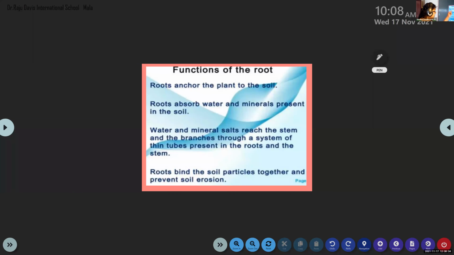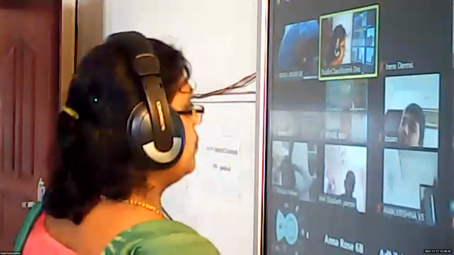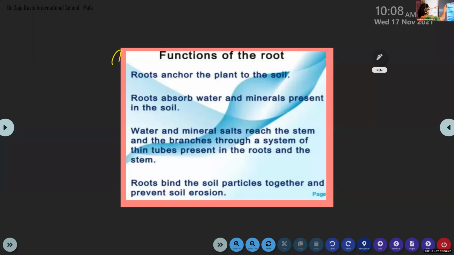So these are the main functions of the roots. The first function of the roots is that roots anchor the plant to the soil. Anchoring the plant means making the plant firm underground.